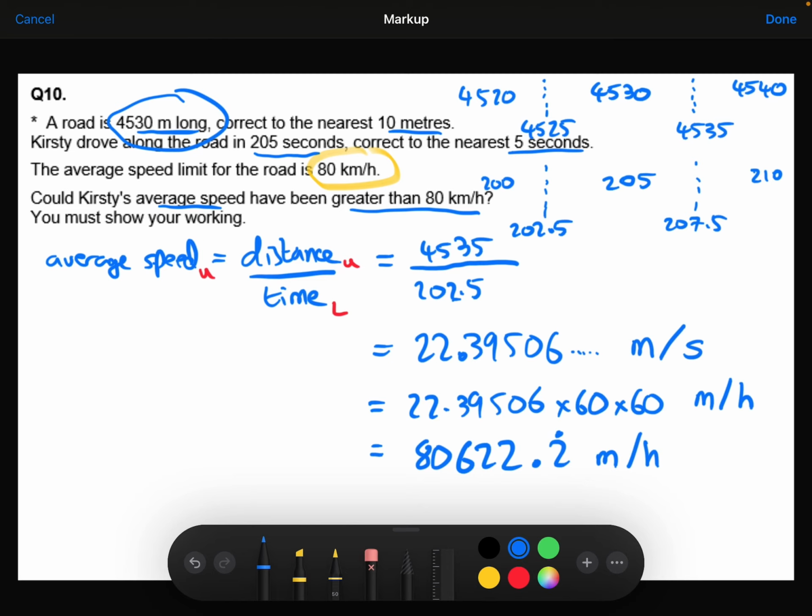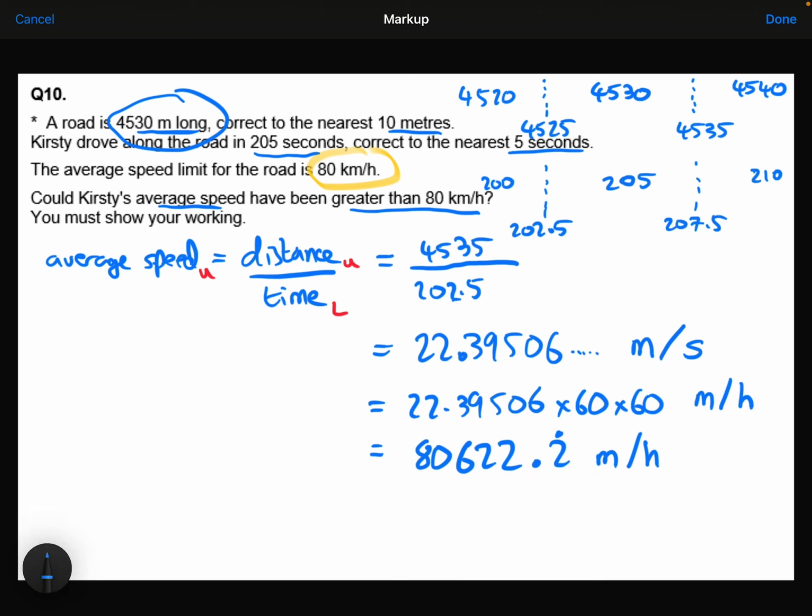We don't want it in metres though, we want it in kilometres. We know that a kilometre is 1,000 metres. So dividing this by 1,000 is the same as 80.6222 recurring kilometres per hour.